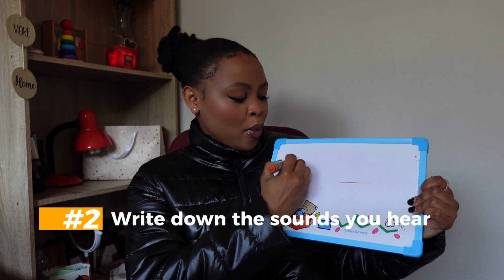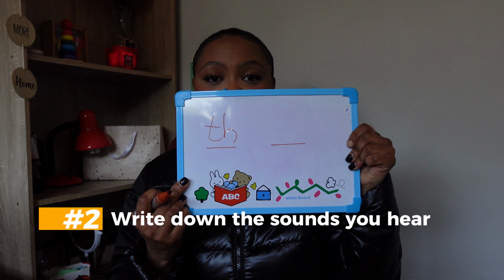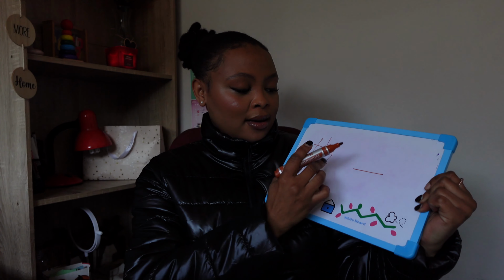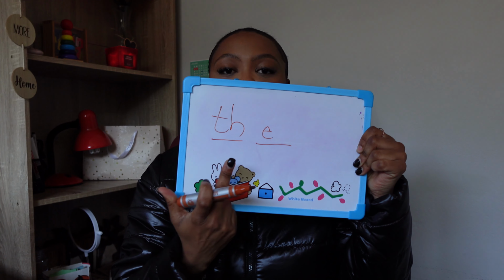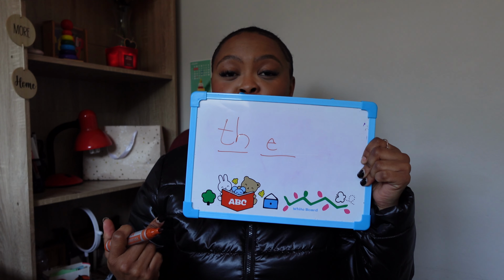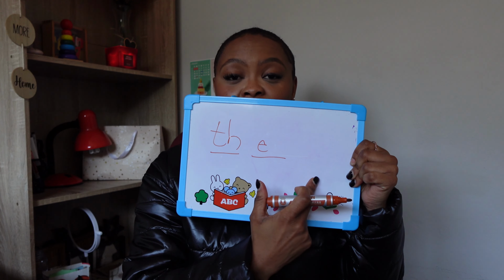And now I'm going to think about how we represent the sound that I've just said in letters. So let's go ahead. We write the first sound like that, and then the other sound. Okay, that stripe is too far away, so let's just do that. If we put these together, it's going to read the.